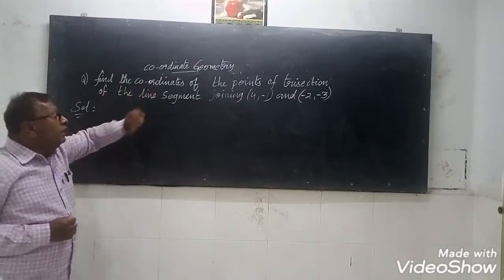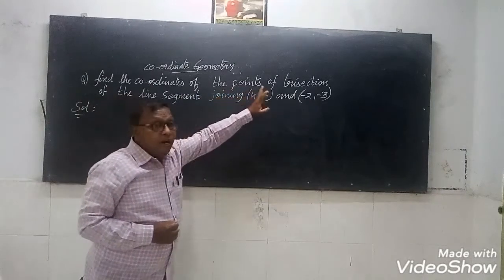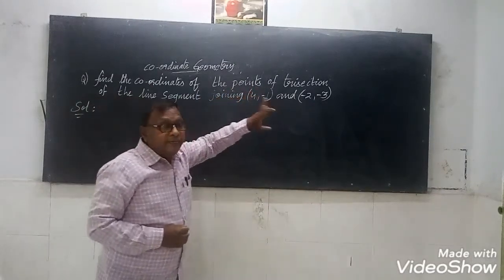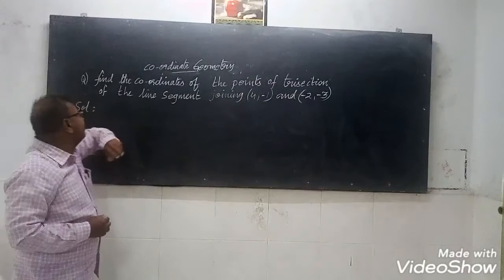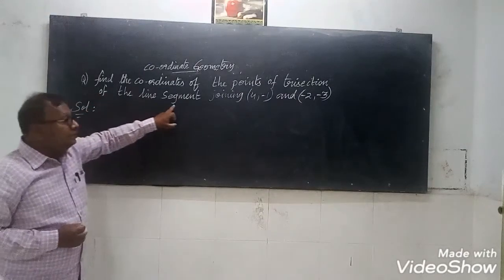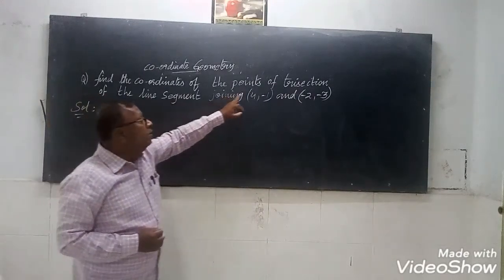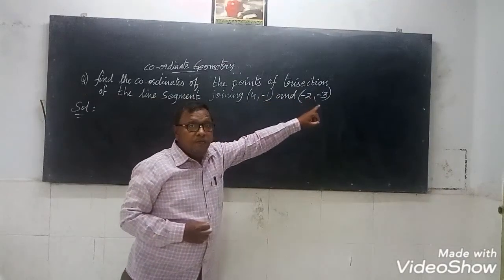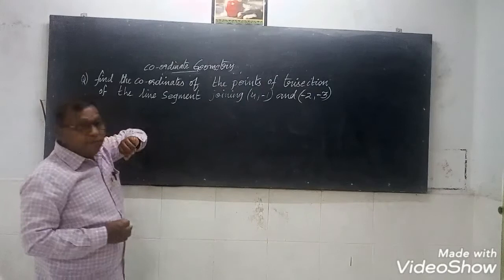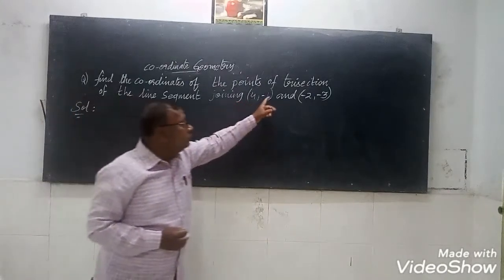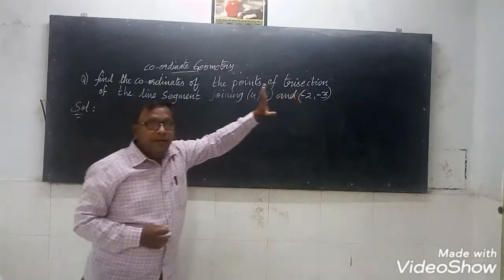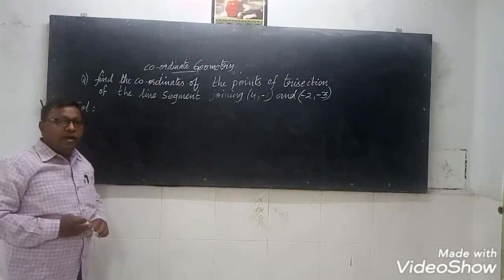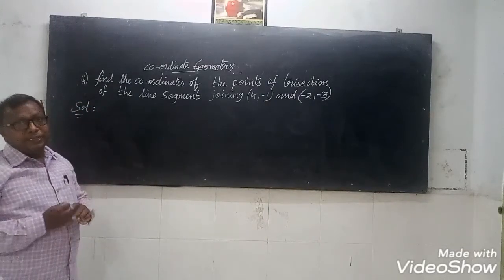Find the coordinates of the points of trisection of the line segment joining (4, -1) and (-2, -3). This time the two points given are (4, -1) and (-2, -3). Now we have to find the points of trisection.